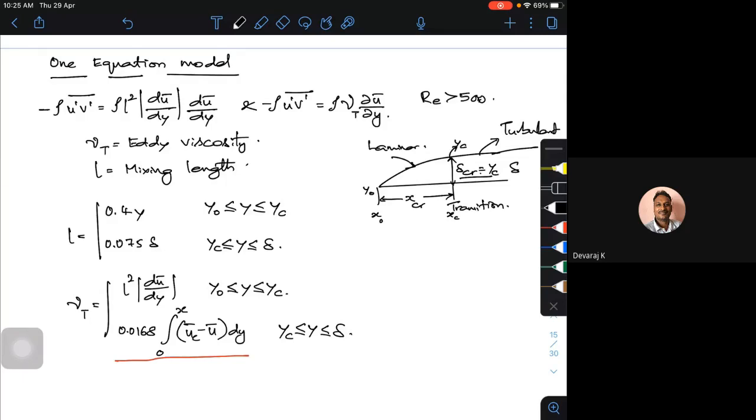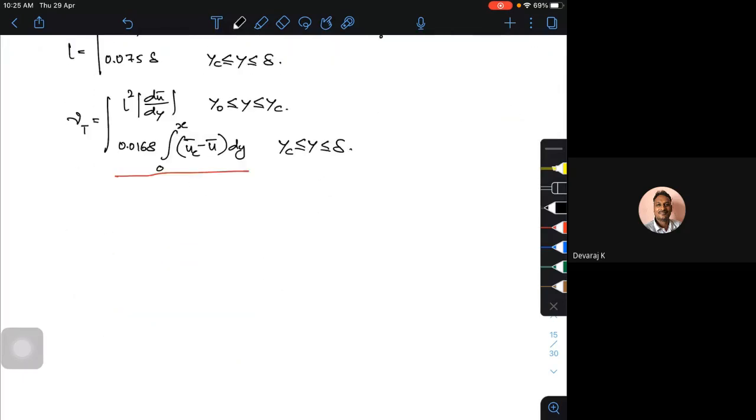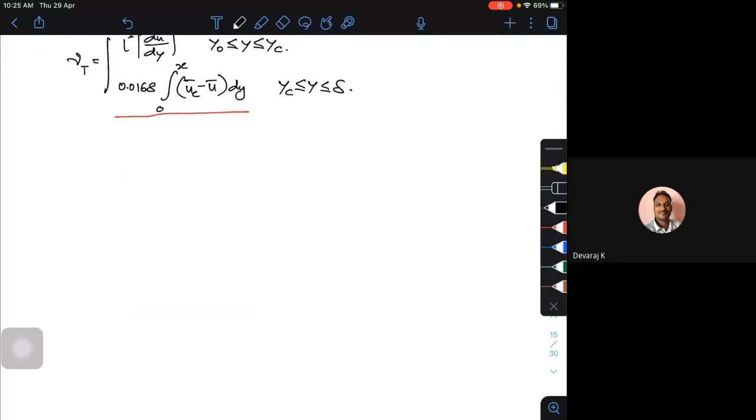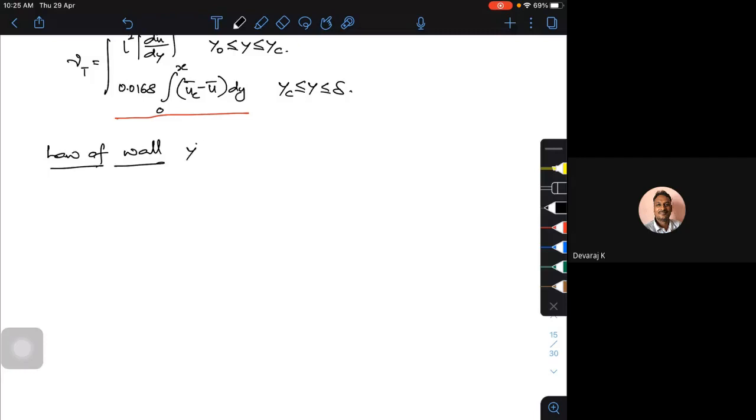Y plus is very critical in your CFD calculations. That is called the law of the wall. Based on this, you are going to calculate your y plus.